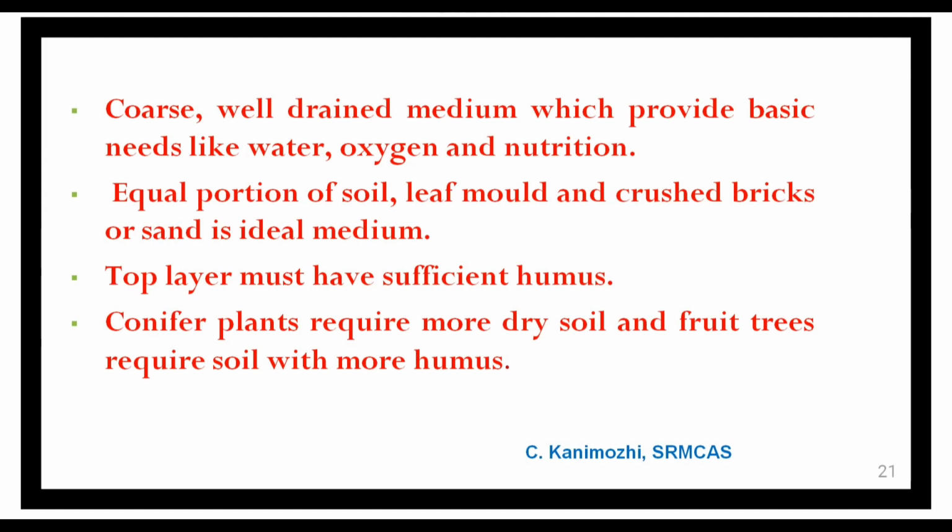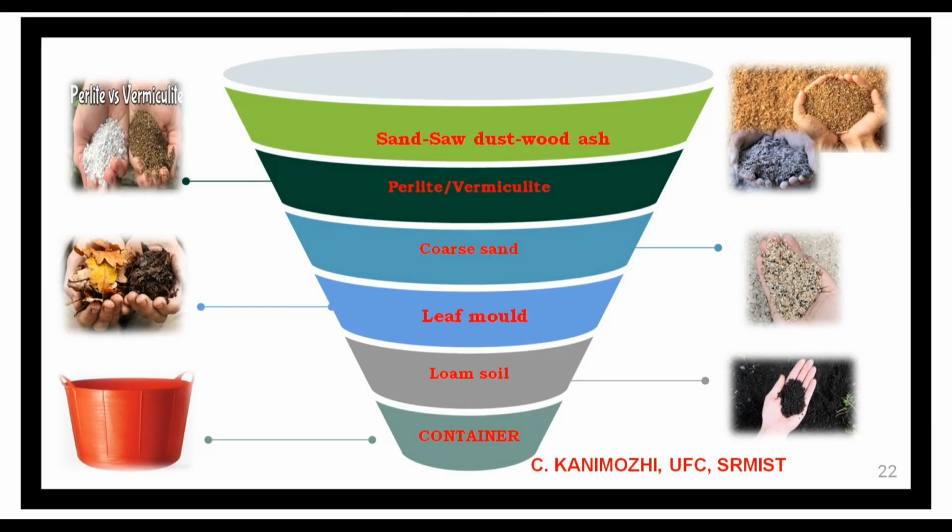When selecting the media, you choose a coarse, well-drained medium which provides basic needs like water, oxygen, and nutrition. An equal portion of soil, leaf mold, and crushed bricks or sand is an ideal medium for a bonsai, and the top layer must have sufficient humus. Usually, the conifer plant requires drier soil, and the fruit tree requires soil with more humus content.